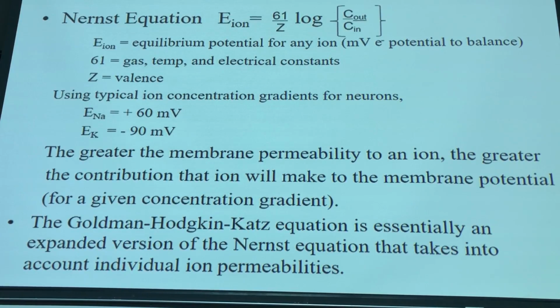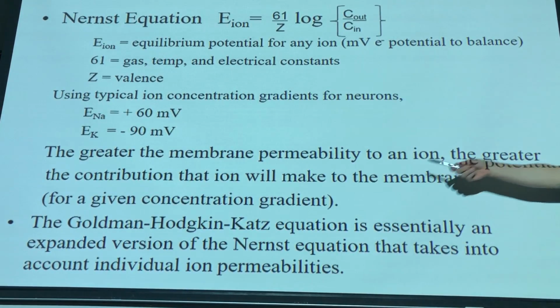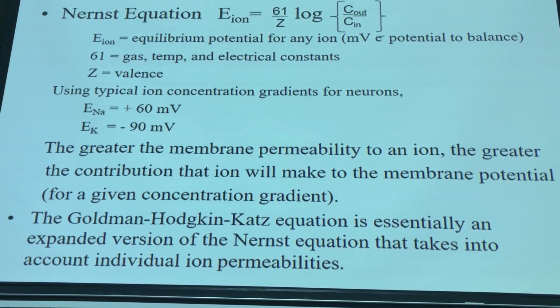So when you start factoring all these other ions that I talked about, the more permeable the membrane is to the ion, the more it will diffuse, the greater the concentration gradient, and then the greater the electrical force that's required to offset that. And that's our membrane potential, okay?